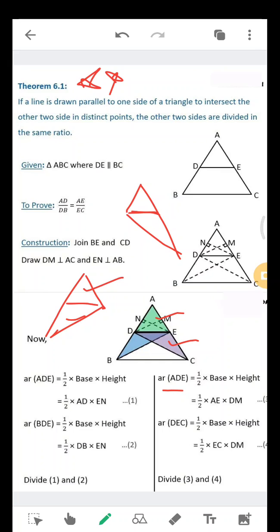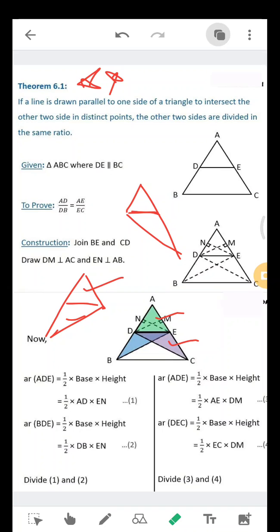So the area of the purple colored triangle, that is DEC, is equal to half into EC into what will be the height here? Again DM only. That will be the common height, half into EC into DM. So this way we'll find the areas of the triangles.